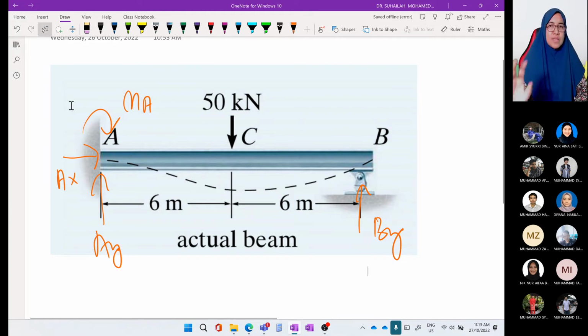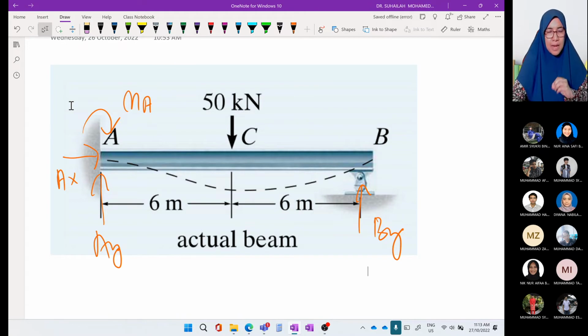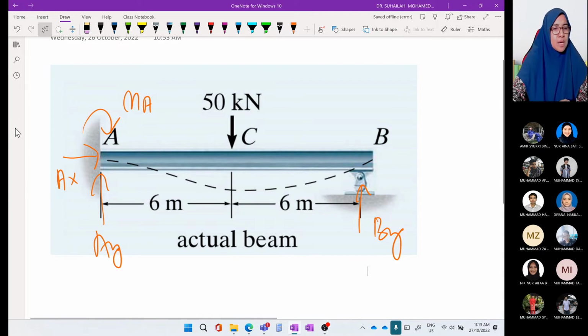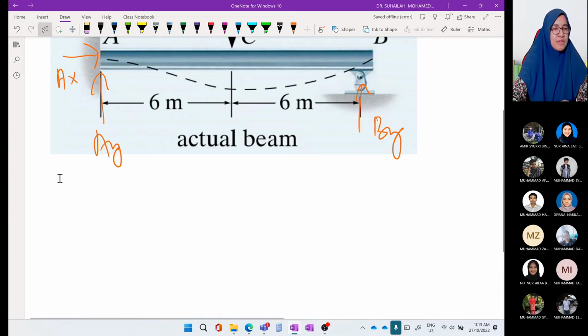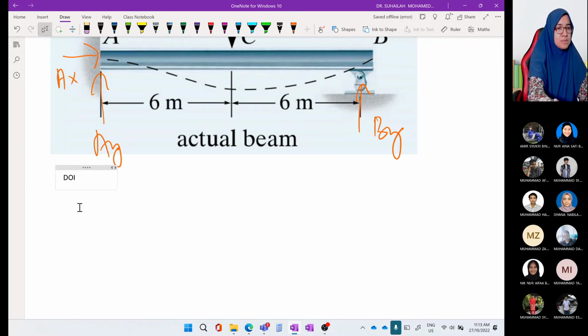So the first step, we need to identify the number of redundants. The number of redundants can be determined by finding the difference between the total unknown reactions and the 3 reactions that can be solved using equilibrium equations.